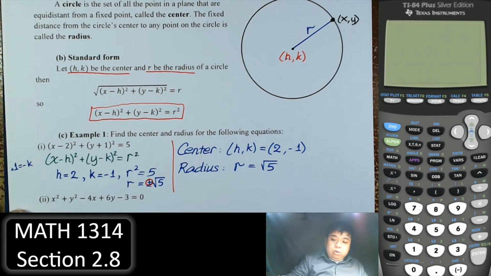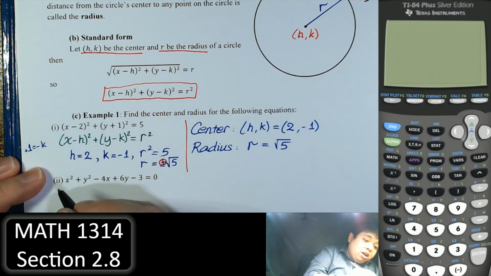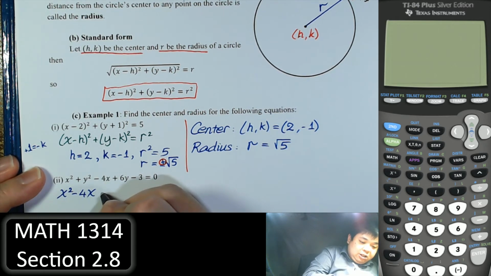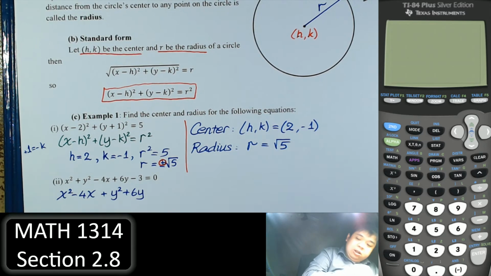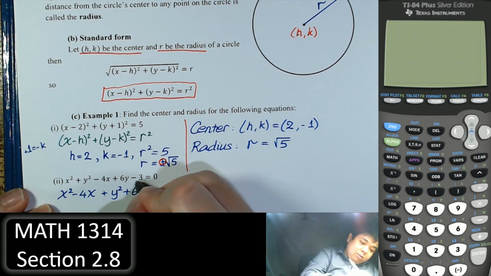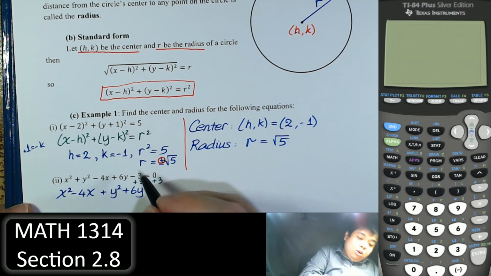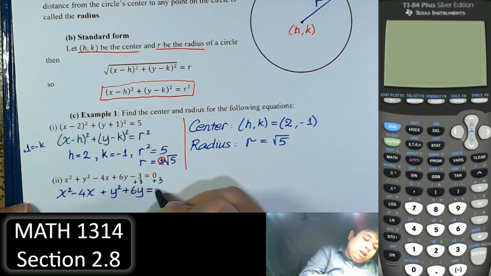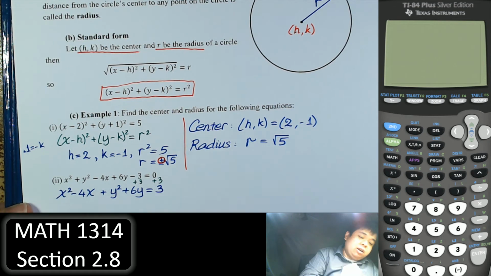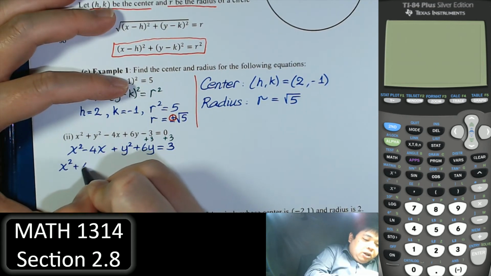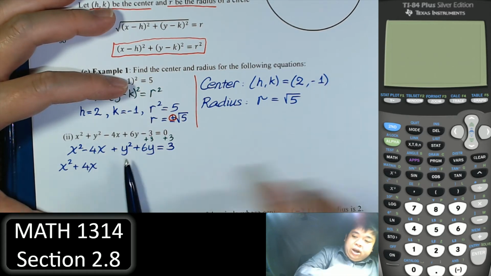Alright, so what I do is try to group the x's together and the y's together: x squared minus 4x, so x with x, y with y, and then the constant on the other side. Right, what's next is we will complete the square.